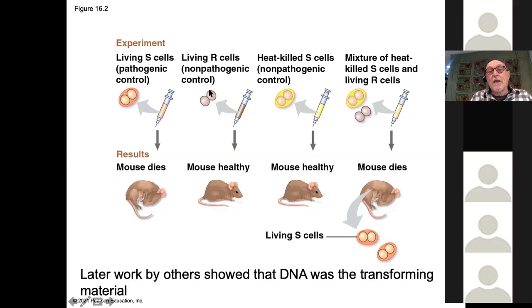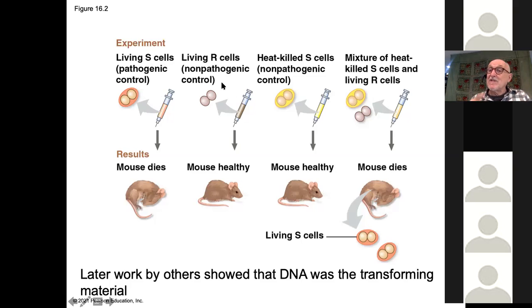The other strain does not have a capsule. Here are the two cocci, but it has no capsule around it. And when you grow it on agar, it looks dry. It looks rough. So he called this rough, R. And only the S, only the smooth, can cause an infection. The rough do not cause infection at all.